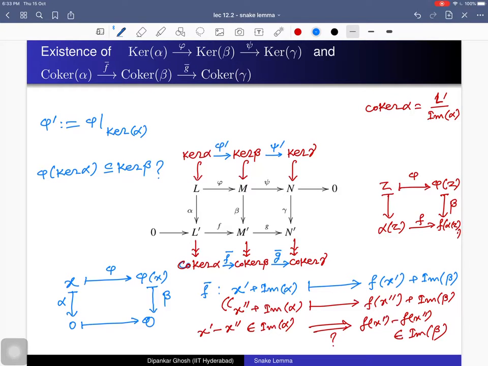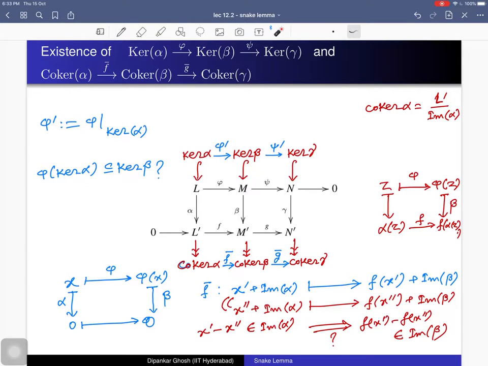And next one should verify that this sequence is exact at this point. So we should verify that the kernel of G bar is the same as the image of F bar. That one can verify using the fact that this sequence is exact, so exactness at this point one can use.